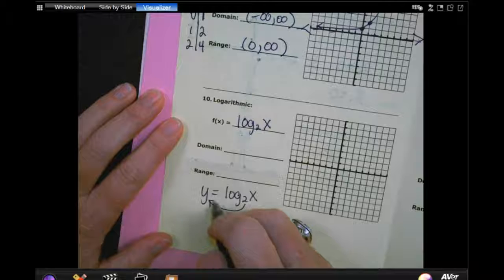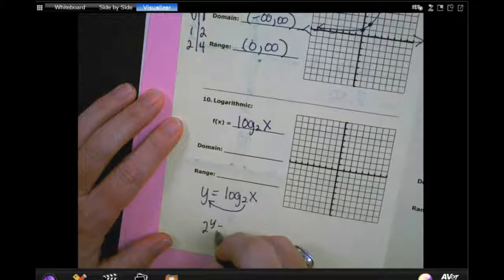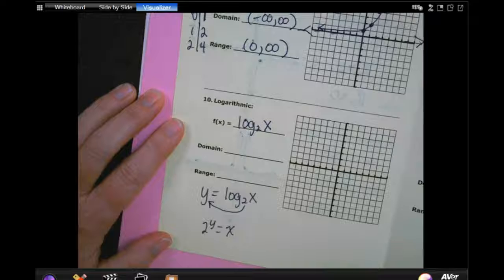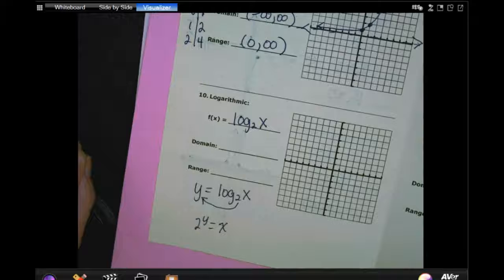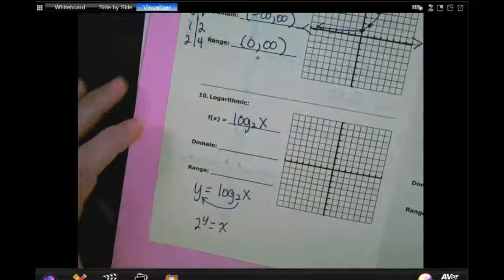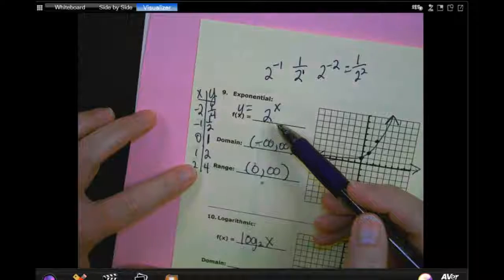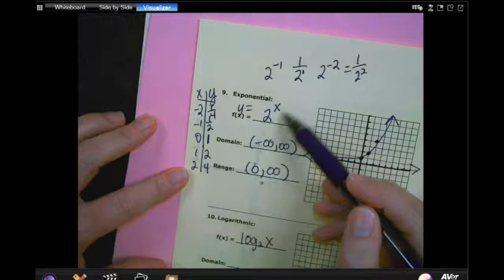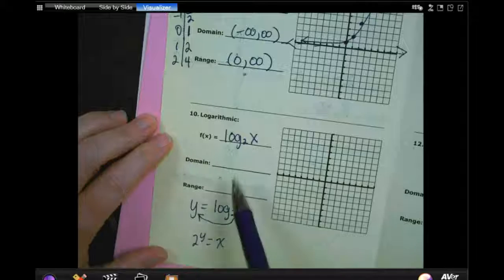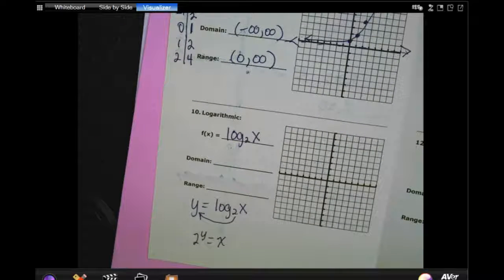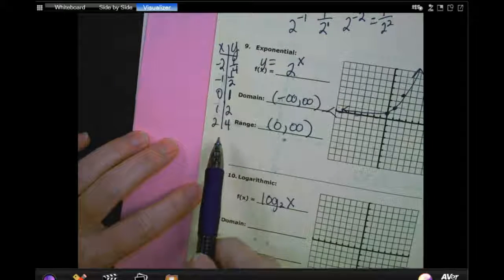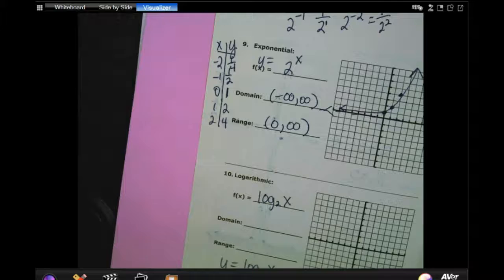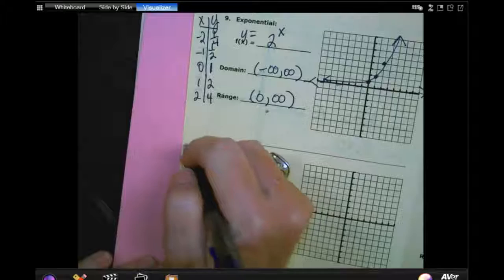So this would be 2 to the y, and it would equal x. 2 to the y equals x. Yes. So look, the 2 to the x and 2 to the y, that's the inverse. They're inverses. So once you have a table for your exponential, all you have to do is flip the x and y, and you can graph your logarithm. So I'm going to flip my x's and y's.